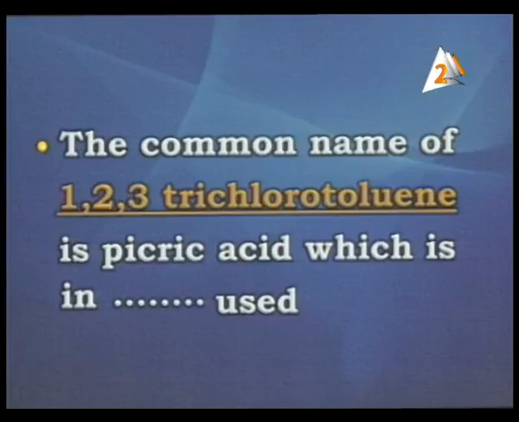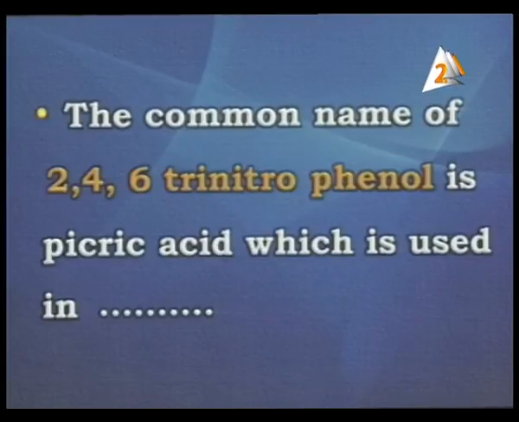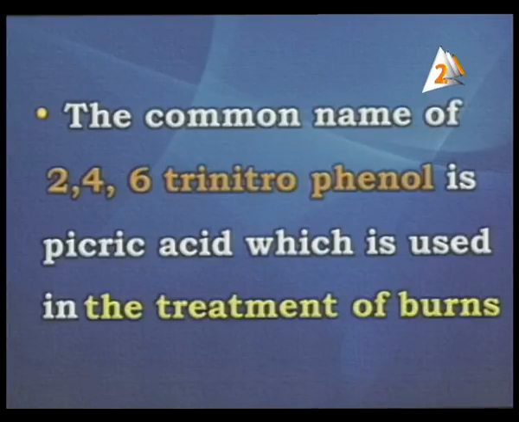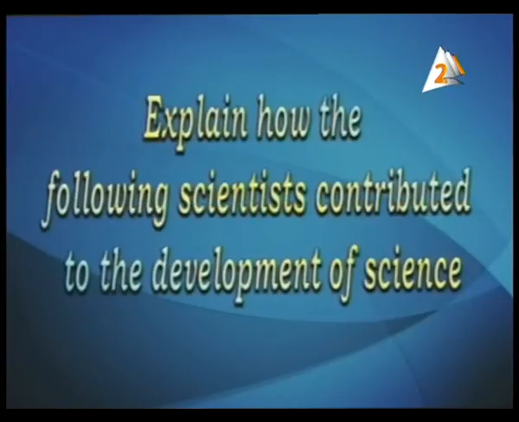The common name of 1,2,3-trichlorobenzene is picric acid, which is used in what? Here the correct answer: the common name of 2,4,6-trinitrophenol is picric acid, which is used in the treatment of burns.